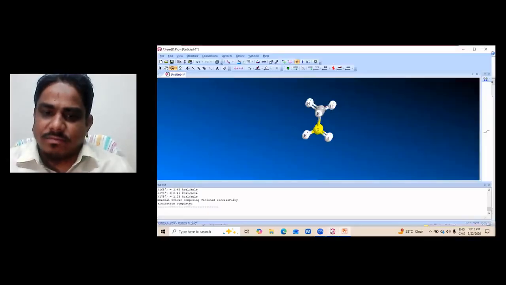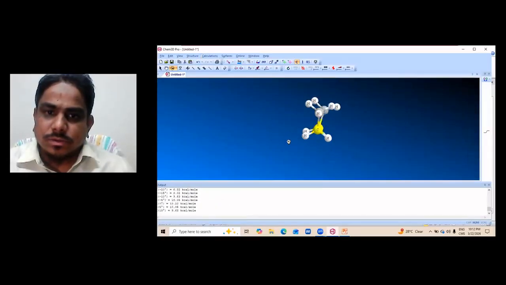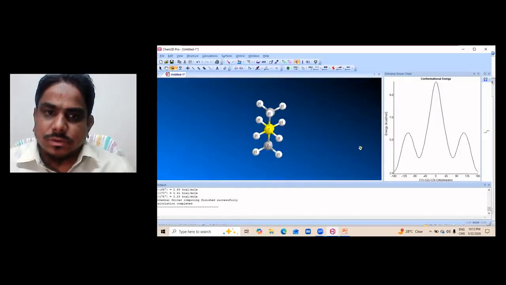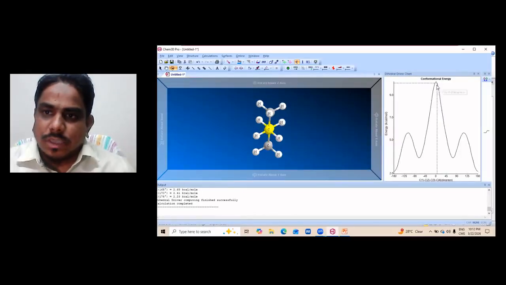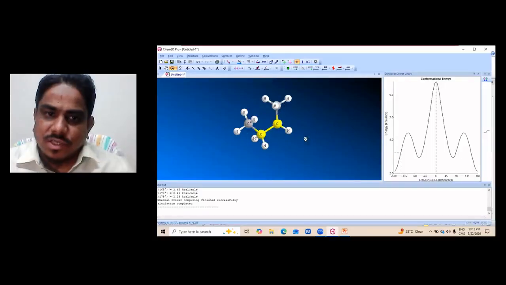We will look at that conformation in this formula. At 0° angle, we observe this fully eclipsed conformation. This is the Newman projection formula for the fully eclipsed conformation.